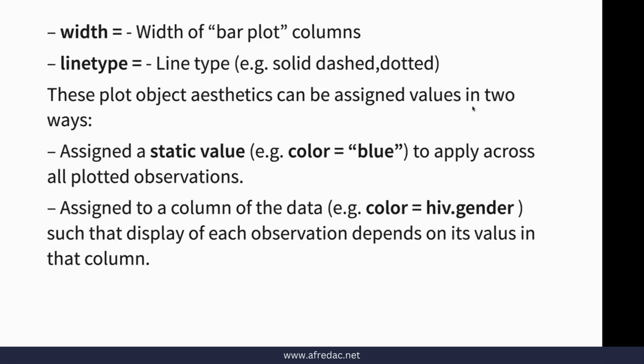This strategy is called mapping. So when you're using a static value, that is called a setting. When you're using a column of the data, that is called a mapping.